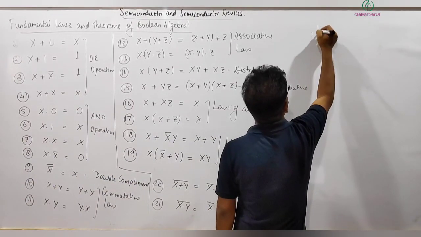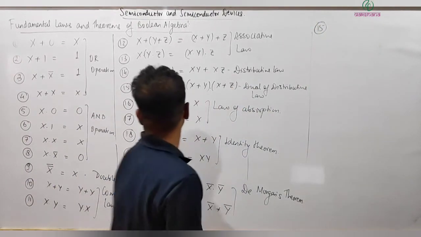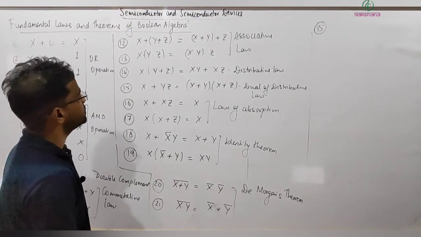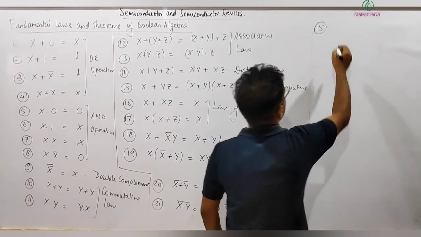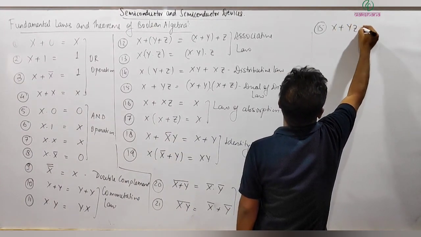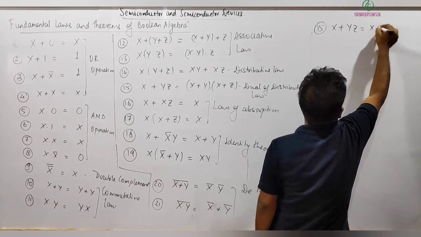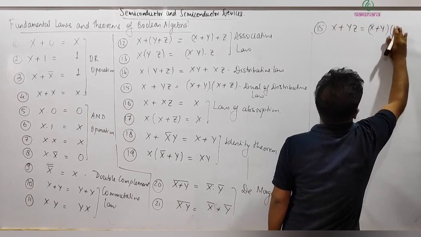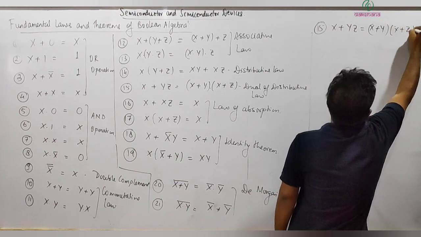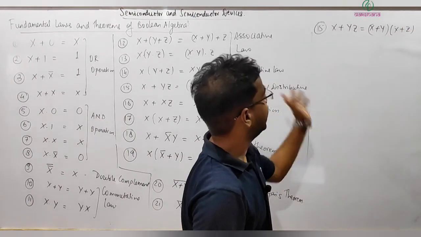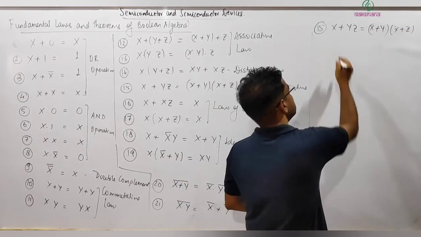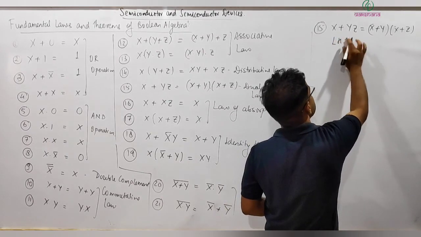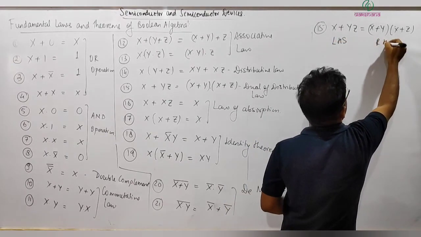Let me show you the proof for 15. Here we have x plus y z equals x plus y and x plus z. So I will prove it by LHS, RHS. This is the LHS, left hand side, and this is the RHS.